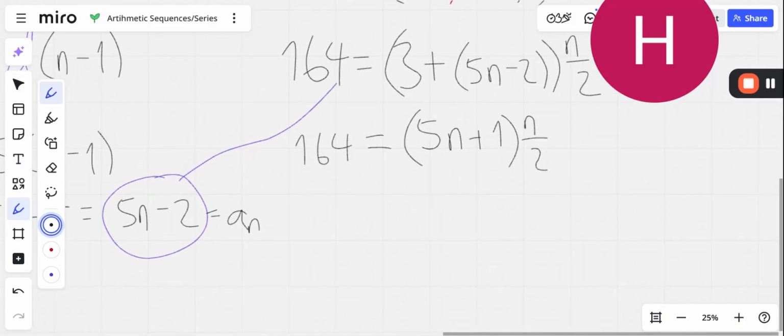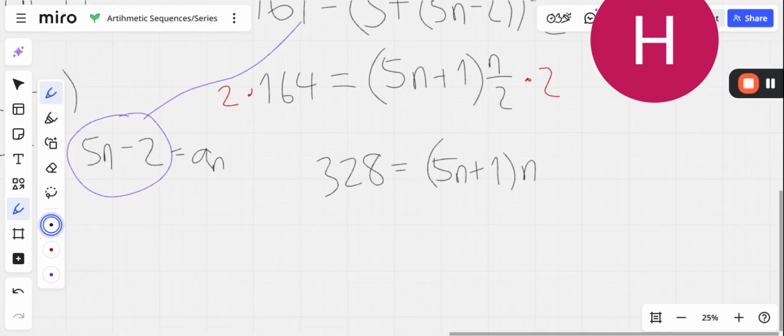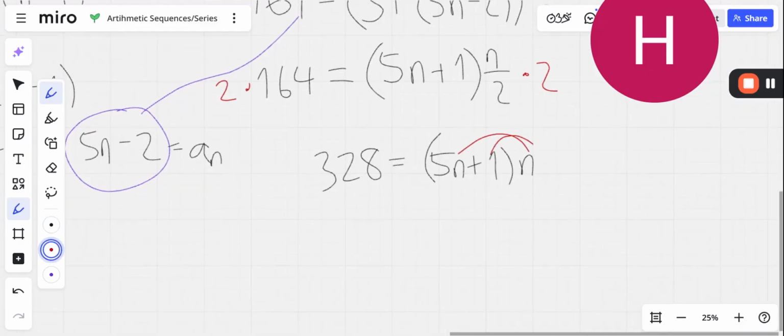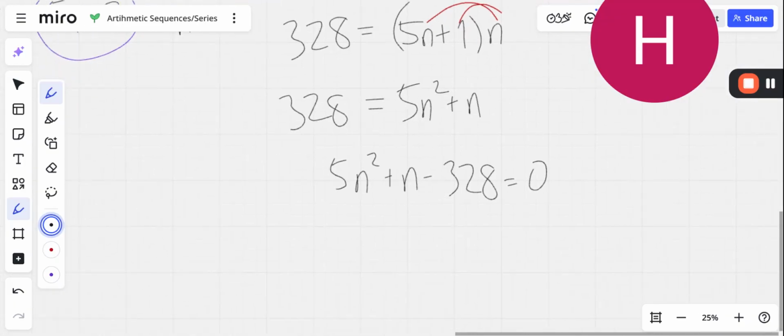Let's go ahead and multiply both sides by 2 to get rid of this 2 here. And that gives us 328 equals 5n plus 1 times n. And once we distribute this, you're going to see that this turns into a quadratic. So 5n squared plus n equals 328, which means that 5n squared plus n minus 328 equals 0, and that's a quadratic that we can solve.